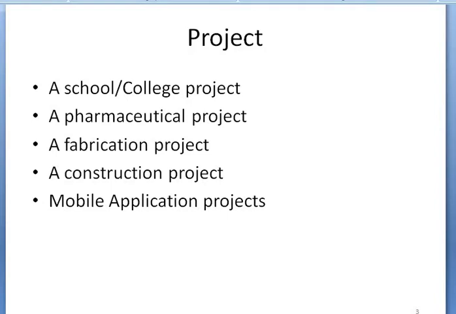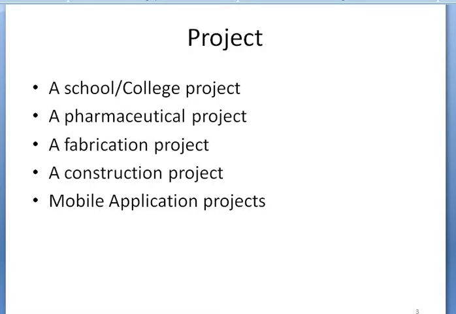The projects can cover all kinds of areas, because nowadays each and every area can undergo different software related activities and projects. We can consider school or college level projects, pharmaceutical projects, fabrication projects, construction projects, or mobile based application projects. So we can consider any kind of project with the help of this software technique.